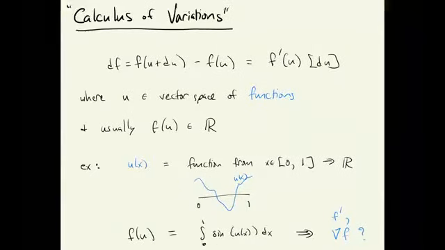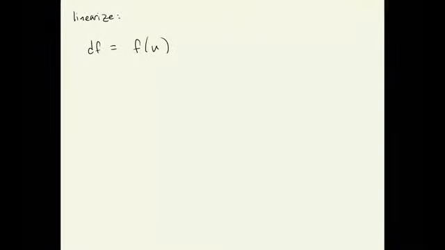So we're going to take df. We take f of u. Remember, u is a function. By the way, this is sometimes called a functional. It's something that takes in a function and gives you a number. But sorry, here I need f of u plus du minus f of u.